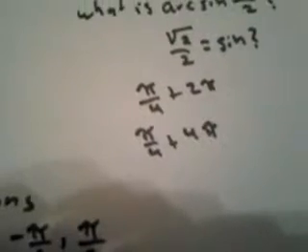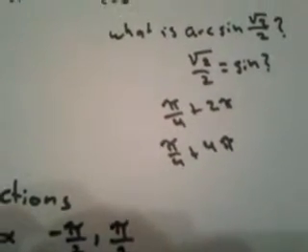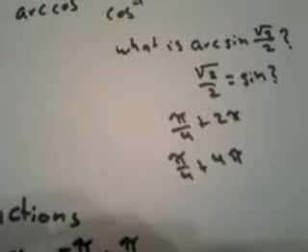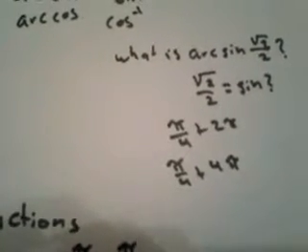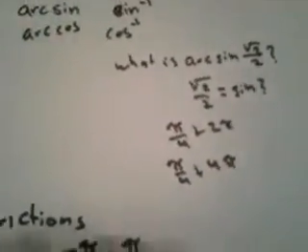Because right now we're having multiple different answers for one single question. So what mathematicians have done to make it one-to-one is they have selected a specific period for each function, and by using this restricted domain, an inverse can be defined.